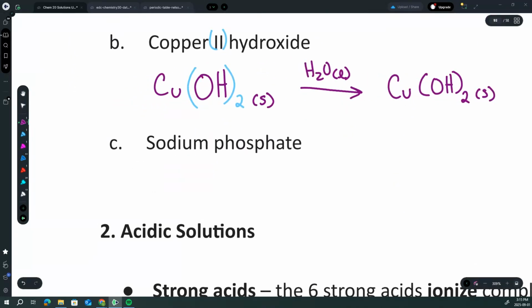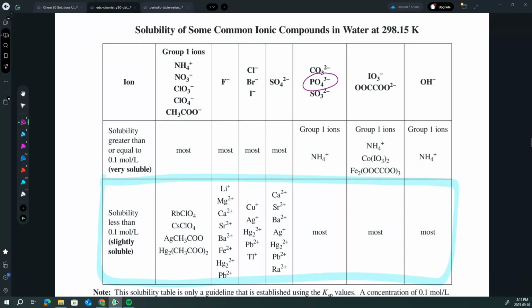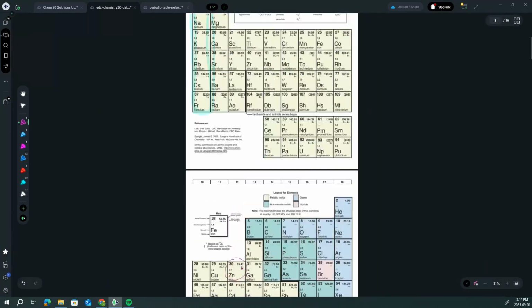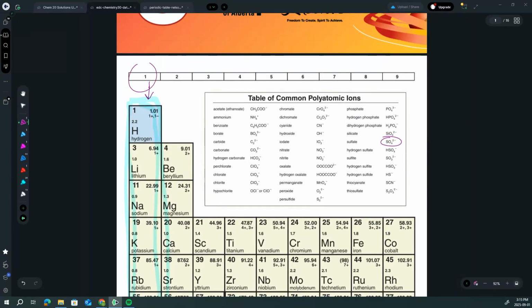Okay. Sodium phosphate, same exact process. Let's get rid of this. Phosphate is going to be here, group 1 ions. Sodium is part of our group 1 ions. Here's group 1, there is sodium.